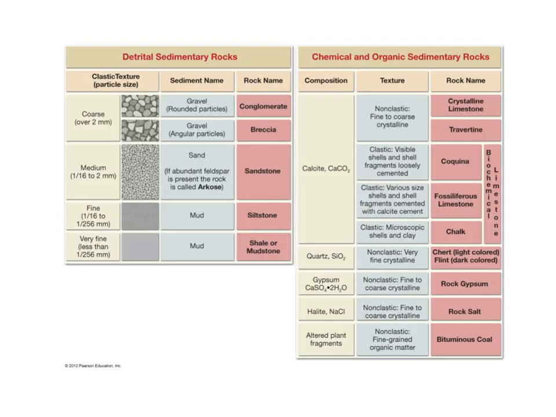This figure from your book I just want to finish up with is showing all of the rocks that we've talked about, right? So here we have the detrital sedimentary rocks, and here we have chemical and organic, although for what I did, I said that organic is part of chemical. So this figure shows the grain size, right? So we have rounded particles in gravel size is conglomerate.